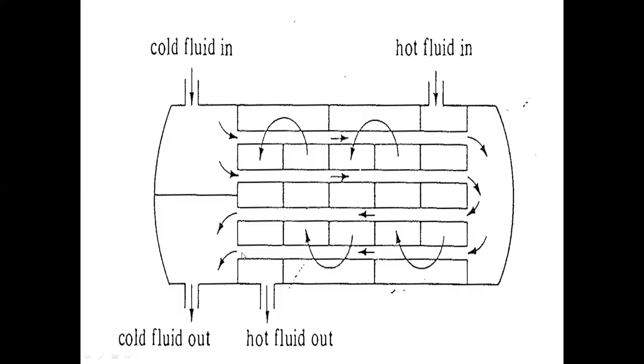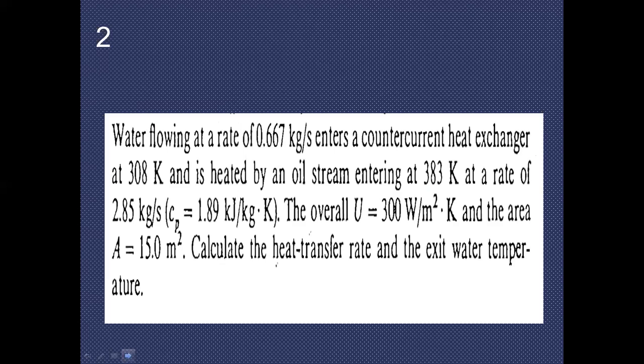So this is for the 1-to-1 shell, 2 sets of tube type of heat exchanger. So number 2. Water flowing at a rate of 0.667 kilogram per second enters a countercurrent heat exchanger at 308 Kelvin and is heated by an oil stream entering at 383 Kelvin at the rate of 2.85 kilograms per second.